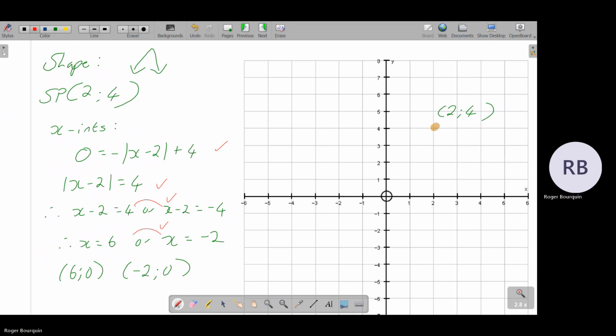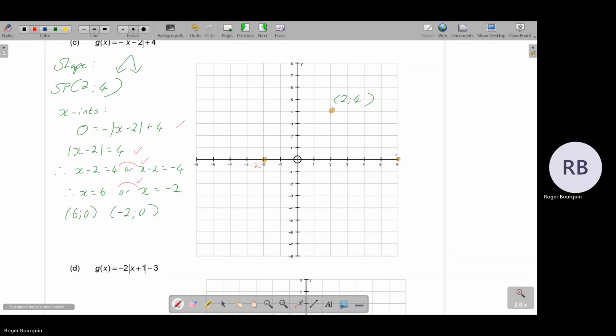Okay. So x-intercepts are at, how are you telling? Good, thanks. (6, 0) and (-2, 0). Okay. We got that to define. The x-coordinate would be 0.